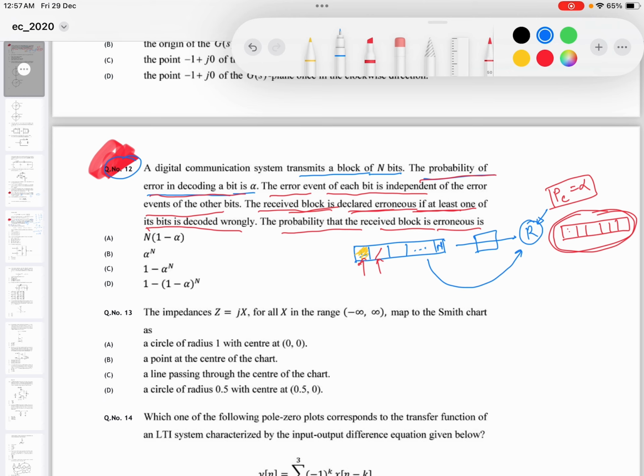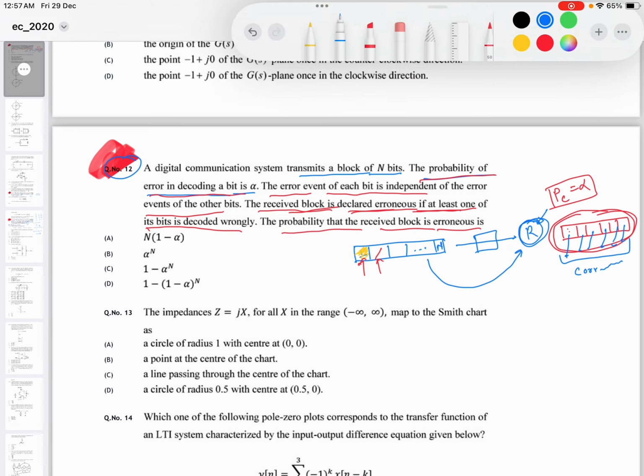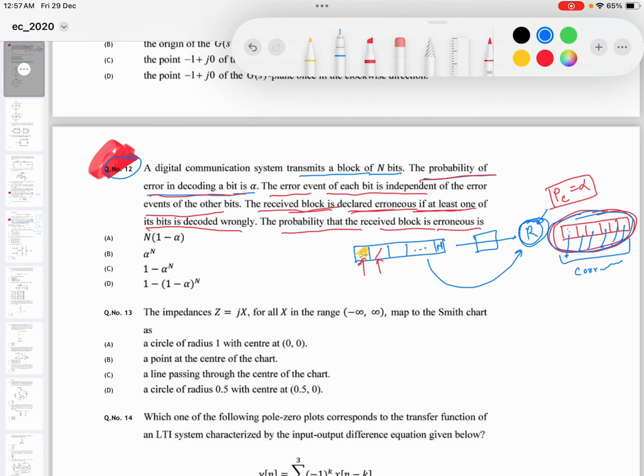So let's suppose that we sent the bits and we received all of these n bits correctly. If the receiver is decoding all the bits correctly, that means we cannot declare this block of code as erroneous.